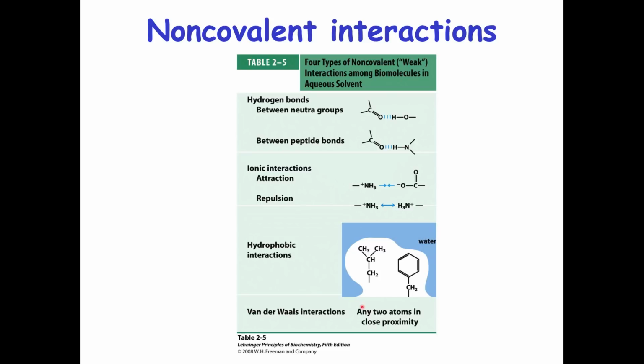And then there are van der Waals interactions, which include any two atoms in close proximity. They just tend to repulse. There's a repulsion force that doesn't allow them to get closer than a particular distance.